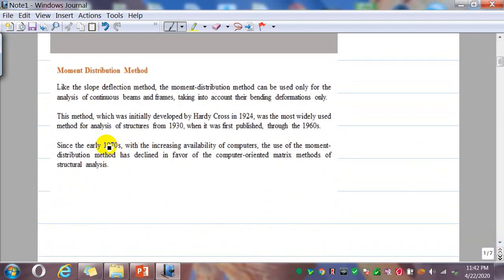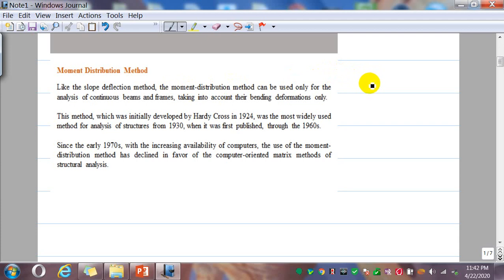Like the slope deflection method, the moment distribution method can be used only for analysis of continuous beams and frames, taking into account their bending deformations only.